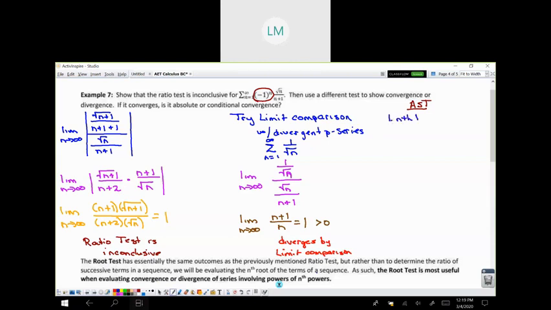So we have the limit as n goes to infinity of the square root of n over n plus 1. That does equal 0. So this passes.